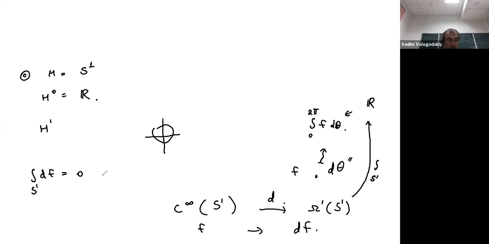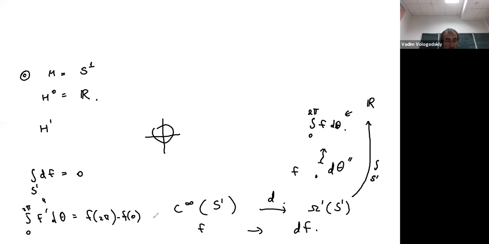Indeed, by the Leibniz formula, this is the integral from 0 to 2 pi of f prime d theta. And that's equal to f of 2 pi minus f of 0.